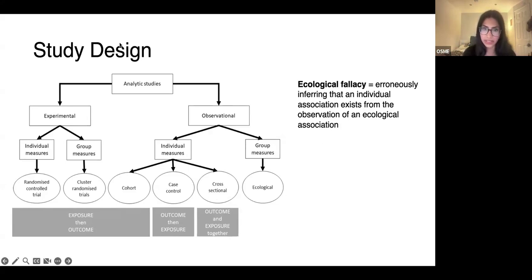And ecological studies are observational, you're looking at a whole group. The thing to remember here that could come up in the exam is the ecological fallacy, essentially misinterpreting a conclusion about a population and attributing it to individuals.